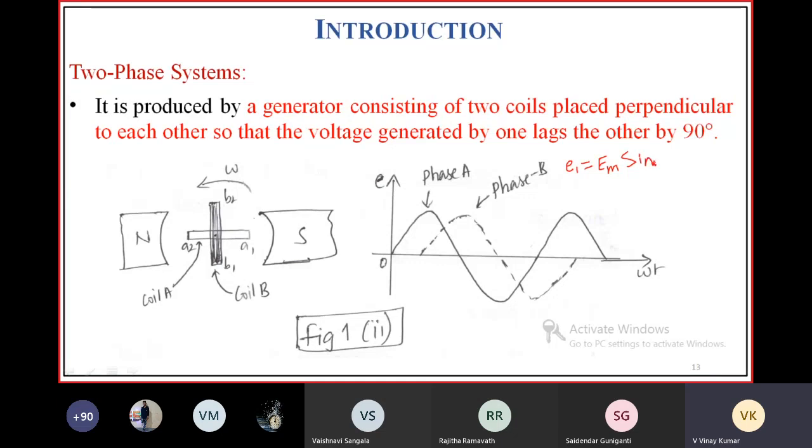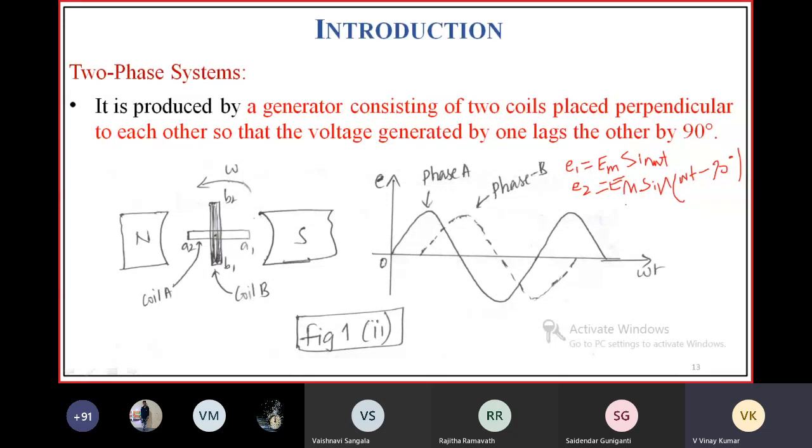If it is Em sin omega t, then what would be E2? E2 is equal to Em sin of (omega t minus 90 degrees).